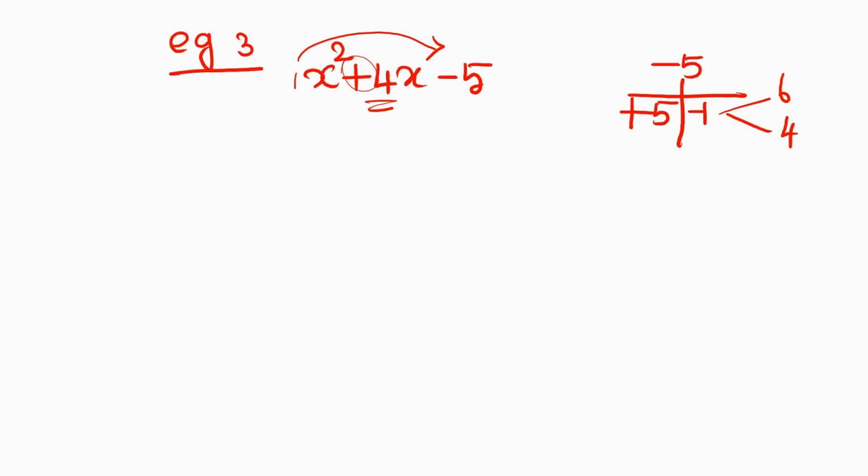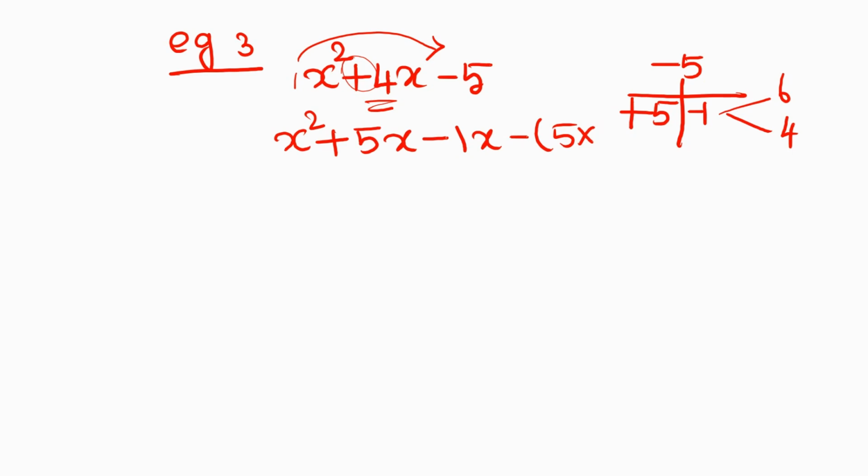So I need 4. Here I have positive sign. So the greatest number should get positive sign and the smallest number should get negative sign. So plus 5 and minus 1. So x square plus 4x can be written as plus 5x minus 1x minus 5.